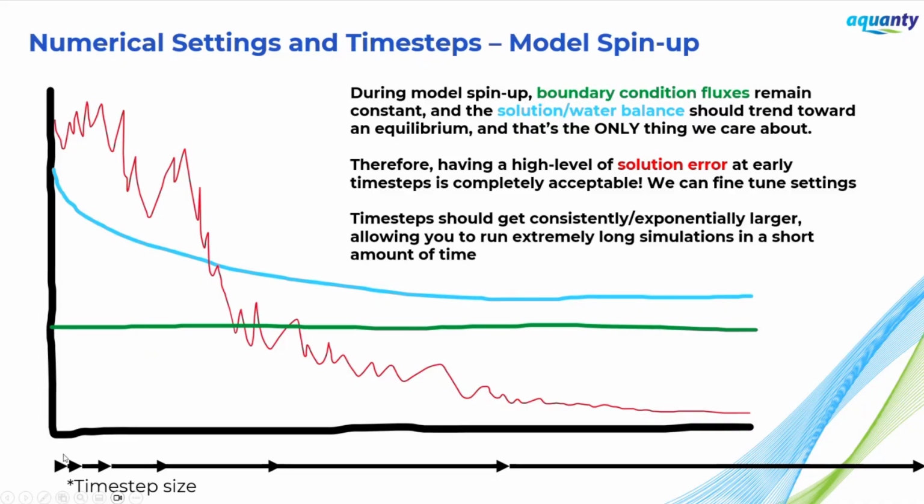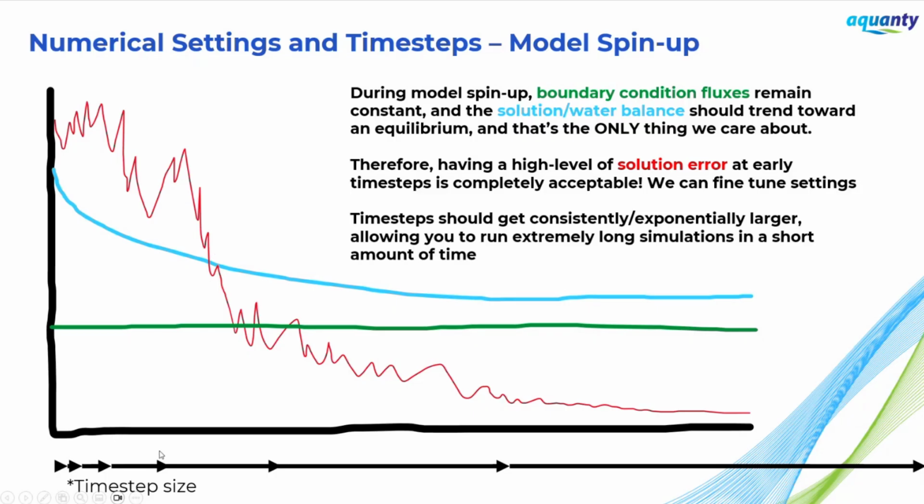That will allow the time step sizes to grow really quickly, and you can cover a lot of time really fast. And then once you get to this part of the simulation, you can actually change these things during a simulation. So you could tighten the convergence criteria up to get lower error later on in the simulation, but just leaving it really loose initially to sort of boost things along, to kind of jumpstart the situation.